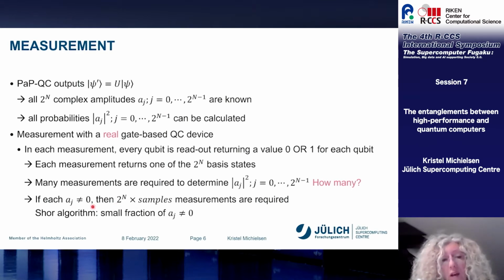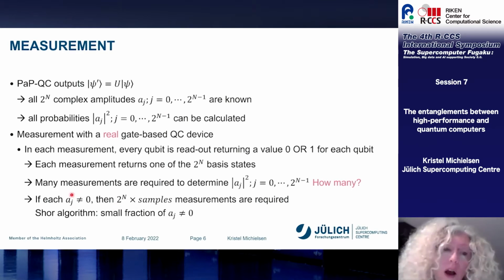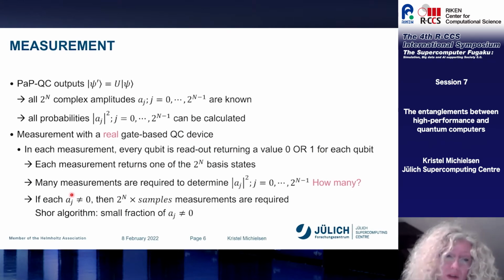So if they are all different from 0, our parallelism that we had in the calculation disappears. Now, the advantage of Shor's algorithm, and this is very important in this particular case, is that only a small fraction of the amplitudes is different from 0. So it's exactly this type of algorithms we have to look for.